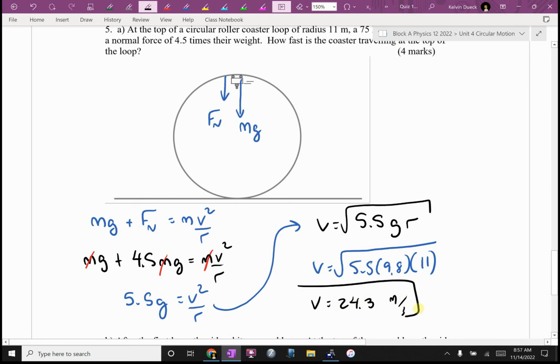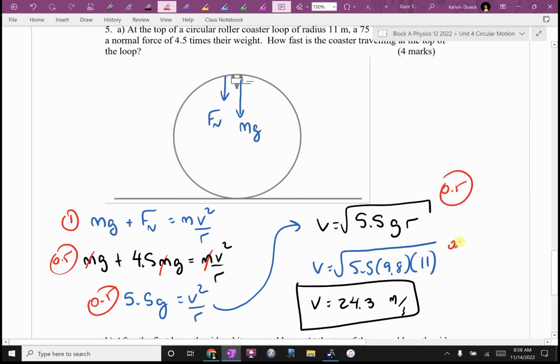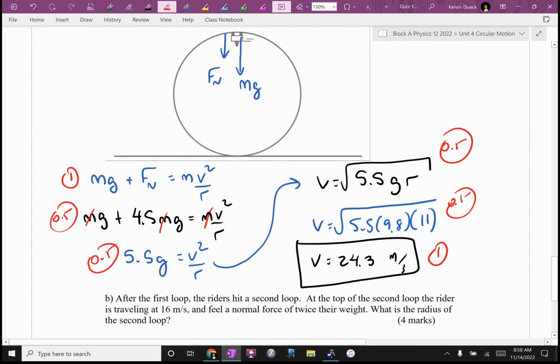If you got that, I would give you 4 out of 4. Otherwise, I would probably go something like this. 1 mark for that, half mark for that, half mark for that, or if you started plugging in numbers, half mark if you got that, half mark for the answer. What am I at? 1, 2, 3, and so for the numbers, probably 1 mark for the answer, something like that.